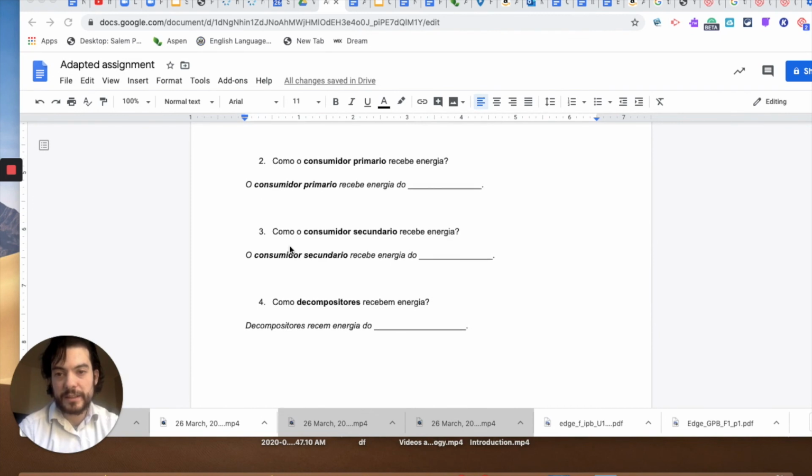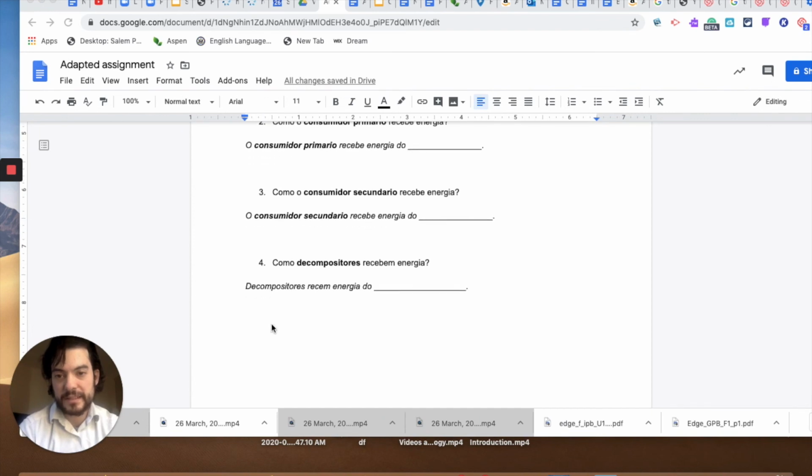And then the third, como o consumidor secundário recebe energia, with the sentence starter, o consumidor secundário recebe energia do. And lastly, como decompositores recebem energia, and the second starter, decompositores recebem energia do.